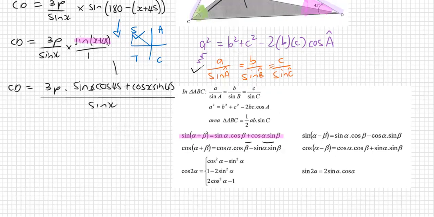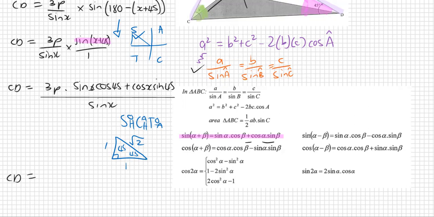Whenever I see a 45 or a 30 or a 60, I think of special triangles, because special triangles we can use to work that out. So we look at our special triangles, the 45, 45, 90 triangle. It's got a square root 2 and 1s. So cos, if you look at SOHCAHTOA, is adjacent over hypotenuse, so it'll be 1 over square root 2.